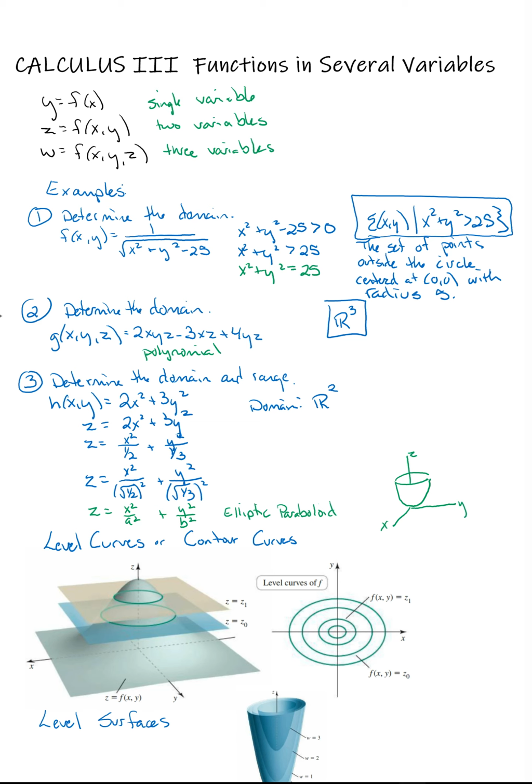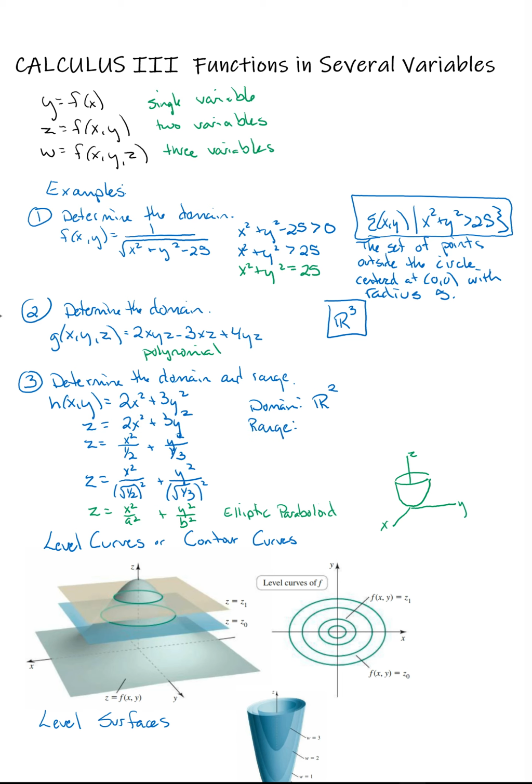However, in the z direction, that would be my range, because here we have my dependent variable. Again, it's z equal to this stuff in terms of x, so z depends on x and y. Therefore, my range are the z values.